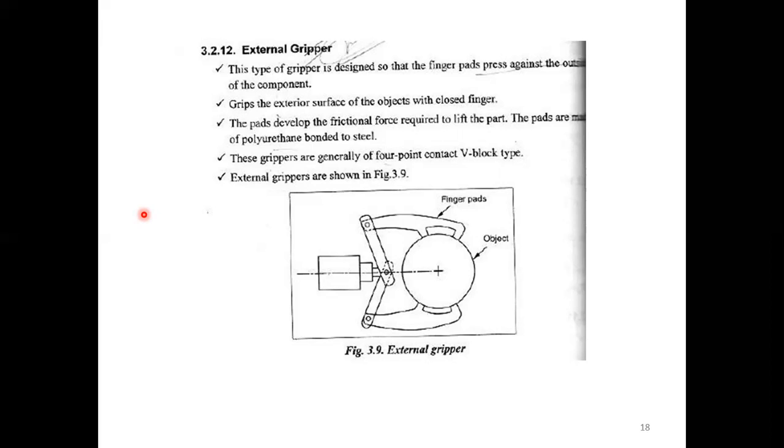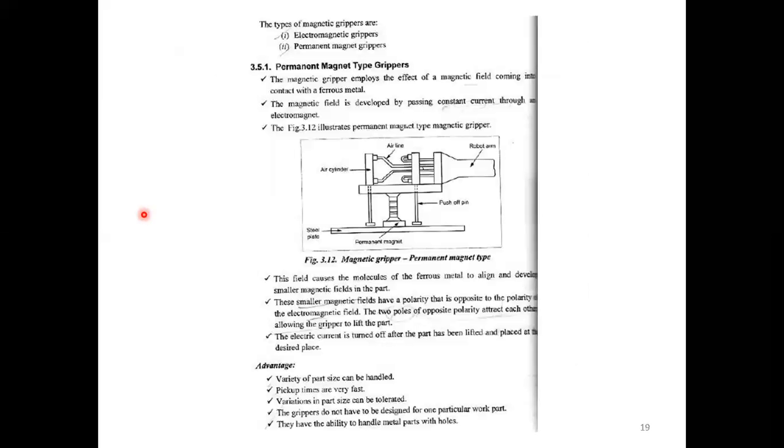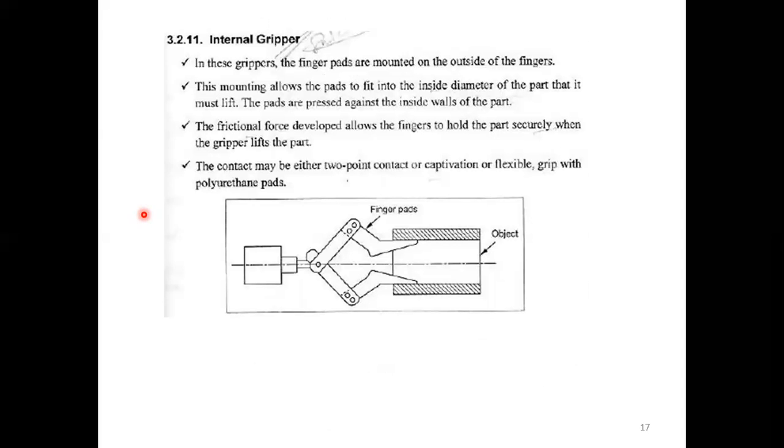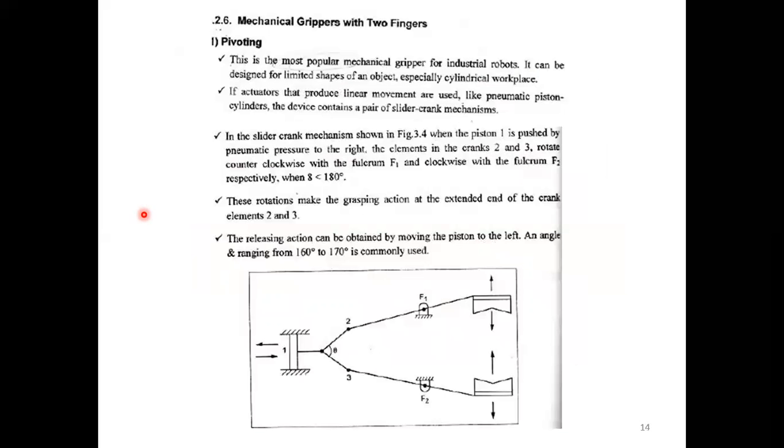The pads are usually polyurethane bonded to steel. These grippers are generally 4-point contact V-block types. So external grippers have the V type of concept. These are another type of external gripper. Most grippers are like this. Last time we discussed different examples.